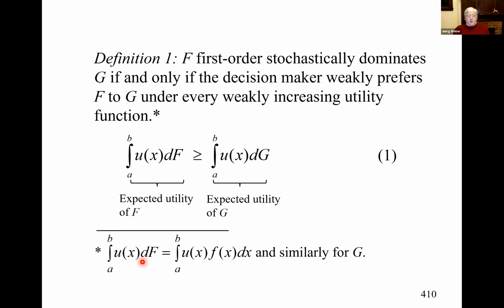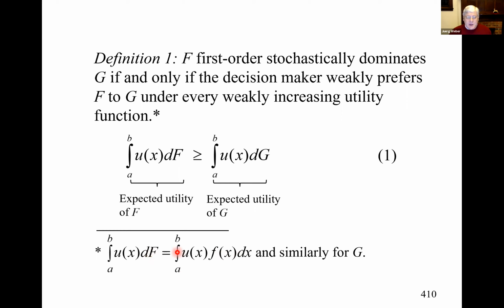In the Zweifel book and in some books, they prefer to write dF for f(x)dx. Naturally, if you have the change in x times the rate of change, this gives you the change in the value of the cumulative distribution function. Just think of the triangle: you have the change in x times the slope, the rate of change, and this gives you just the dF.